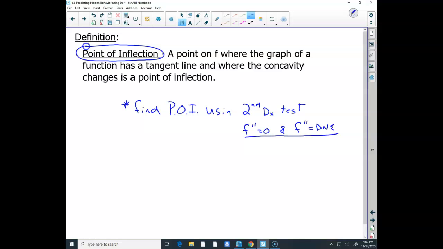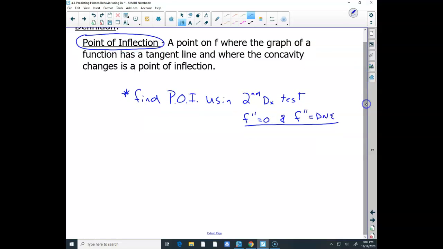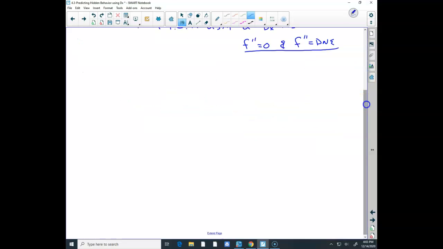These are going to be my critical values of the second derivative. Now, when you're on the AP test and they're talking about quote-unquote critical values, please understand those are first derivatives they're talking about. So these second derivative points really aren't critical points. They're important points of the second derivative to find a change in concavity.